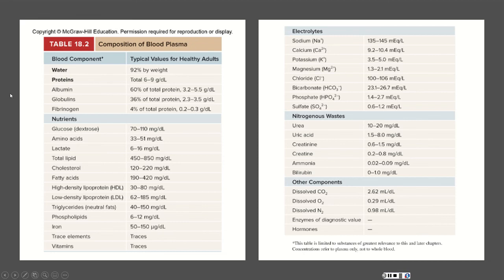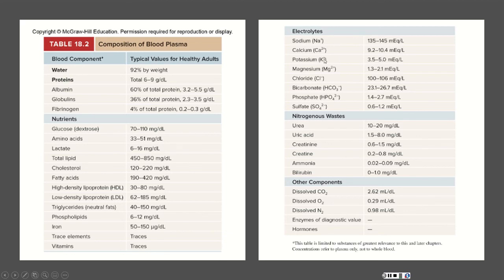And then we see lots of nutrients that are in our blood. You do not need to know all of these. You don't need to know the values, absolutely not. But this is just to give you an idea of some of the stuff that we find in our blood plasma. Over here, electrolytes. Again, right now, you don't need to know all these numbers or every single electrolyte, but most of them you're familiar with because you talked about them a lot in Bio 137.